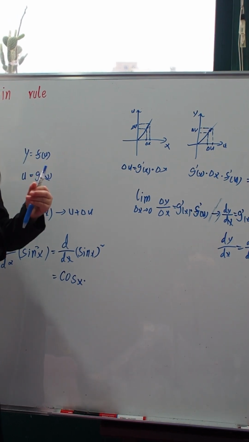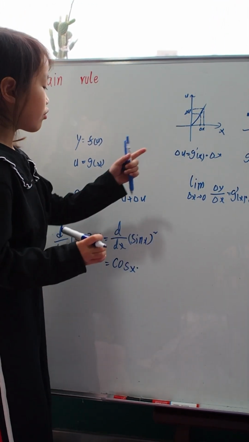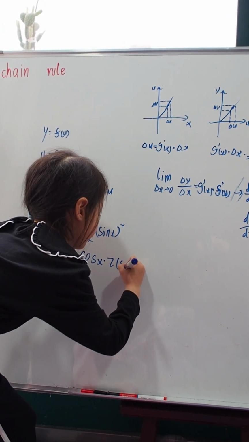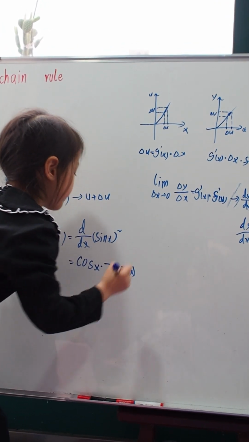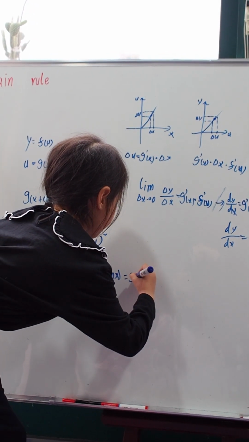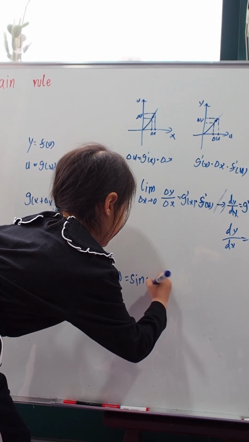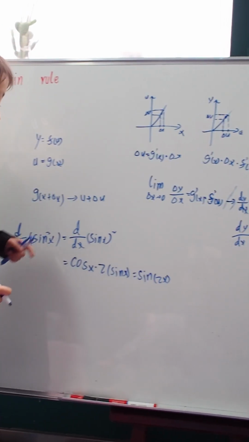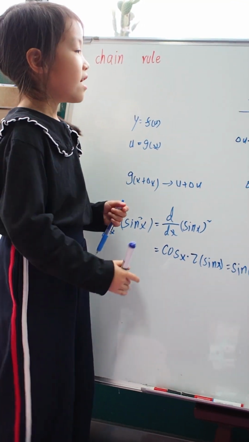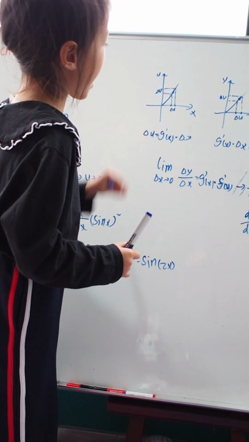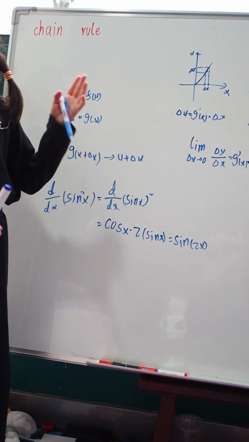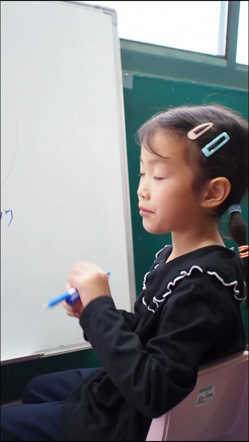This is a power rule, so it's 2 sine x. And this one is sine 2x. Why this one is equal to this, we will prove it later. Actually, if you want to know the dy, you just let dx times the two slopes.